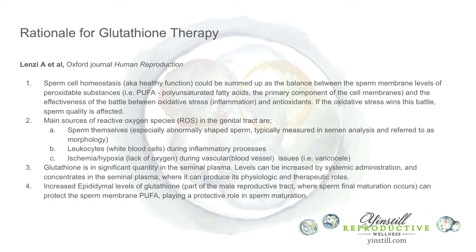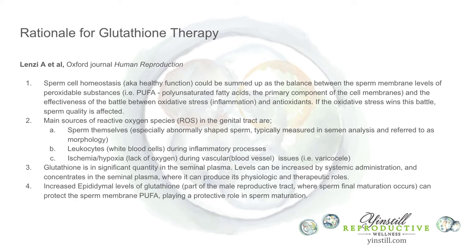Number two, the main sources of reactive oxygen species in the genital tract are, A, sperm themselves, which we talked about, from abnormally shaped sperm, typically measured in semen analysis and referred to as morphology, and B, leukocytes, white blood cells that are present during inflammatory processes, and ischemia or hypoxia, lack of oxygen, during vascular or blood vessel issues such as a varicocele.